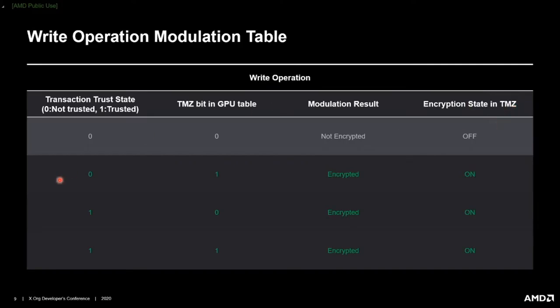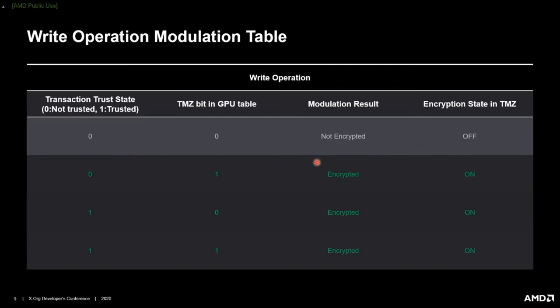And from this table we can know that only when either the TMZ bit in the GPU page table or the transaction trusted state is on, the data will be protected under the trusted memory zone.